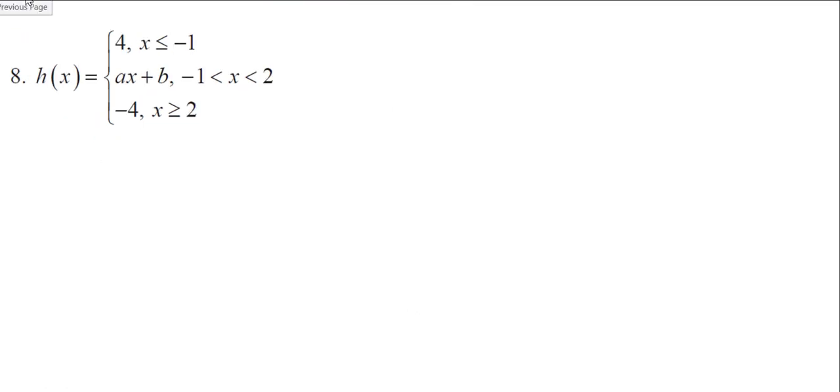All right, now here's another problem. Here's another piecewise function. Again, get used to seeing piecewise functions. The question will be, what values of a and b make the function continuous on its domain?